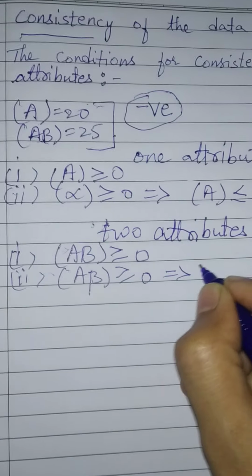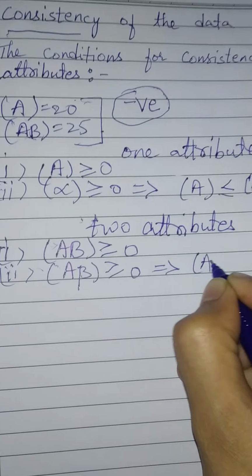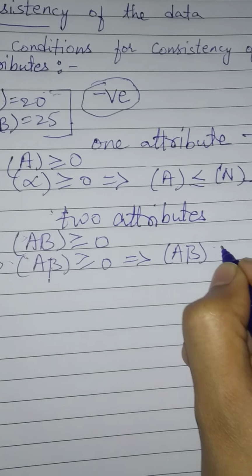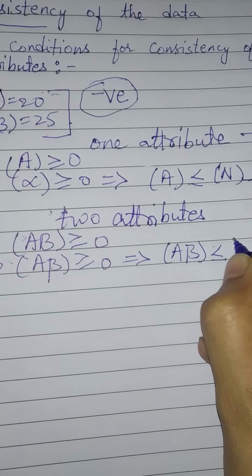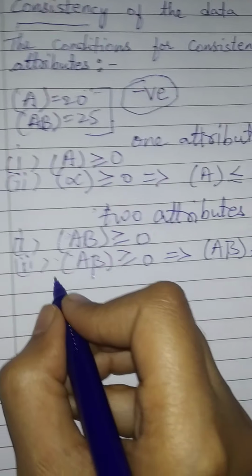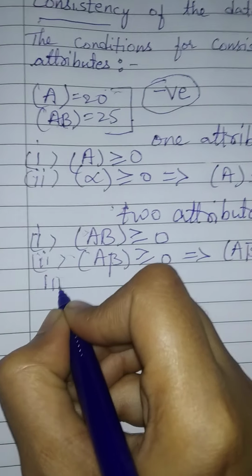Implies students, if it is AB, it can be less than or equal to A. I'll give you an easy way to understand, student.